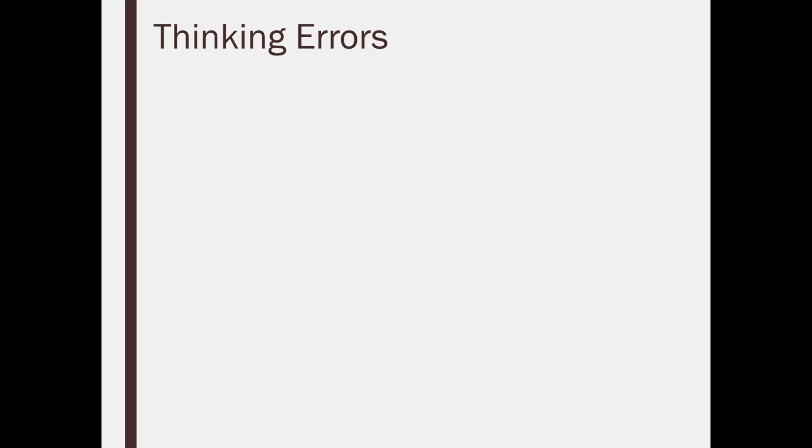Now for the rest of this chapter we're going to focus on a bunch of thinking errors that make it even harder for us to think probabilistically. One way that we make mistakes is we project what we know onto other people, and that manifests itself in lots of different errors.